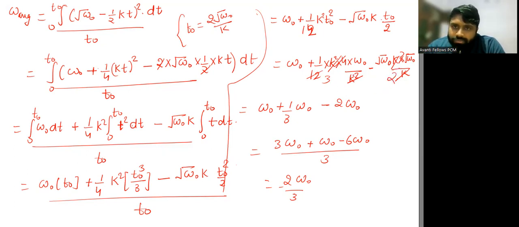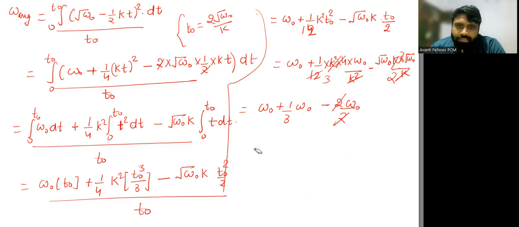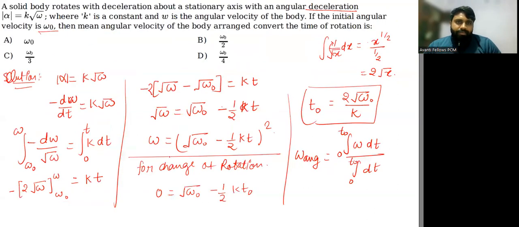Okay. So this will become 1 by 2. 2 and 2 will cancel out. So what will it become? Sorry for the mistakes. So omega naught and omega naught will cancel out. It will become omega naught by. Okay. So this is the average value of the rotational speed of body. Okay.